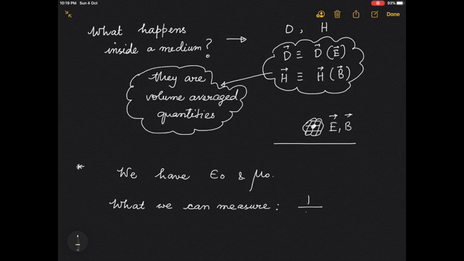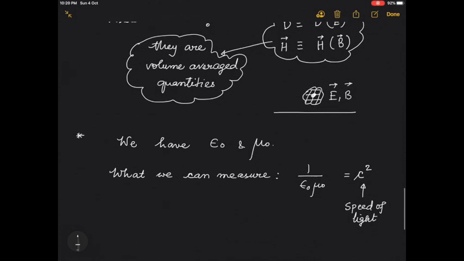It is essentially 1 by epsilon naught times mu naught, which, I guess you have done enough electrodynamics to know, is the speed of light squared. So the measurable quantity is epsilon naught times mu naught.